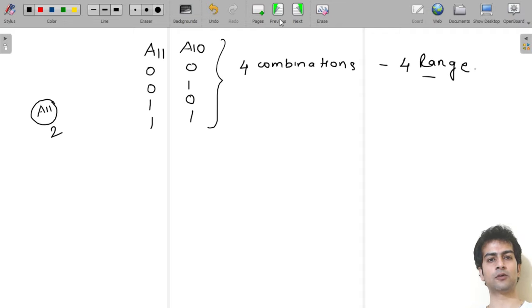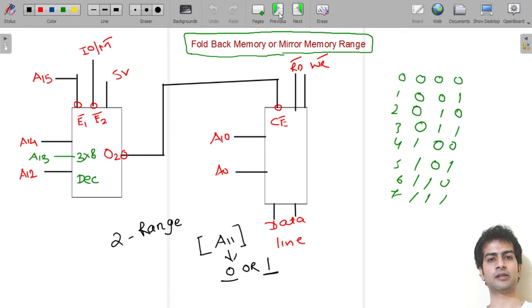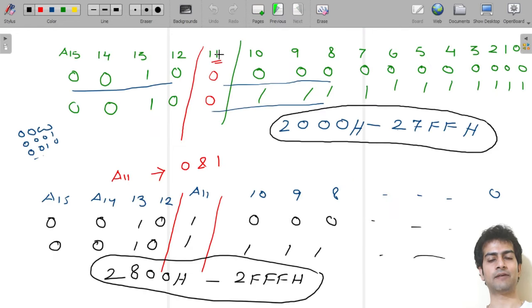I think you can easily find out how to find the range. Here A11 was not given, so first we took 0 and then we took 1. Suppose A11 and A10 were not given.